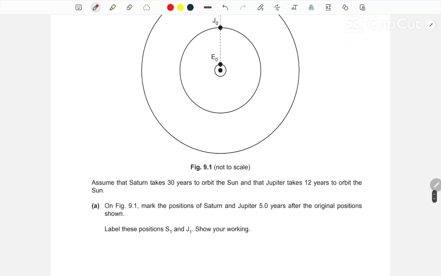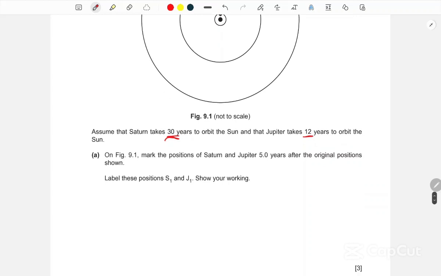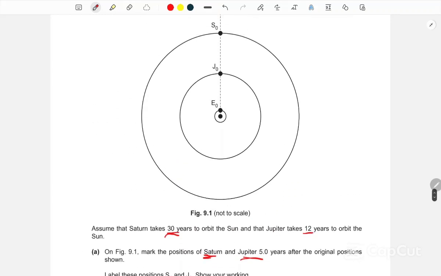Assume that Saturn takes 30 years to orbit the Sun and that Jupiter takes 12 years to orbit the Sun. On figure 9.1, mark the positions of Saturn and Jupiter 5 years after the original positions shown. Label these positions S1 and J1. Show your working.